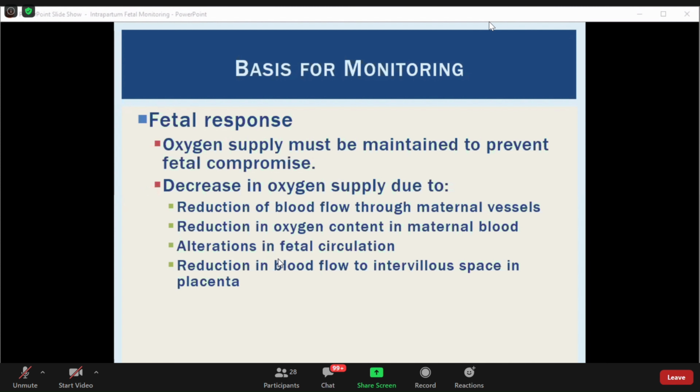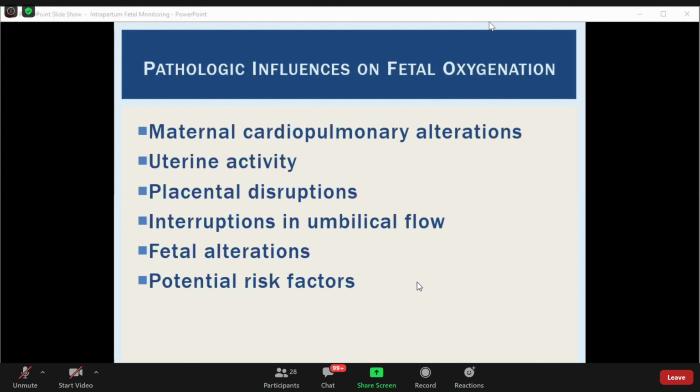Professor? Yes. You mentioned hydramnios. That's going to be a spelling word on the exam. You only mentioned the oligo, but what about too much amniotic fluid? Remember what I was saying was what can impact the umbilical cord.